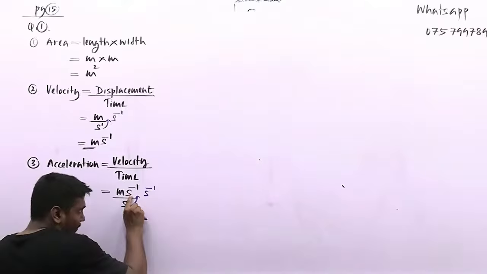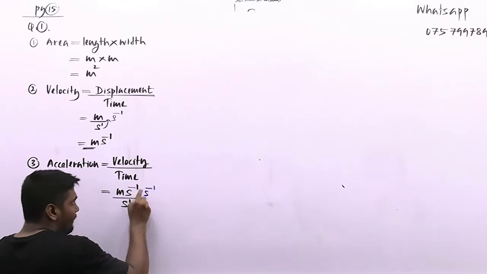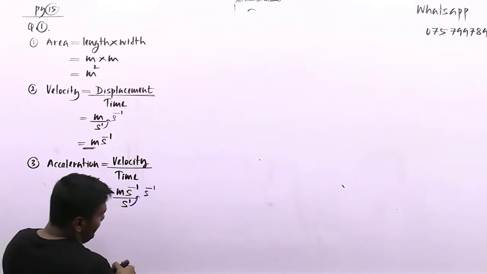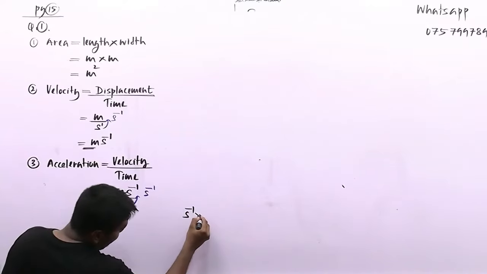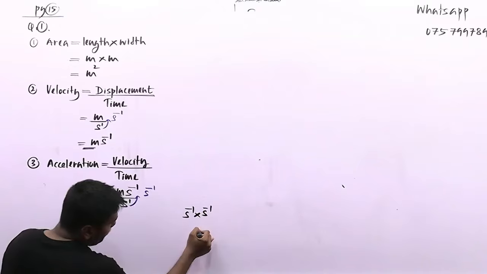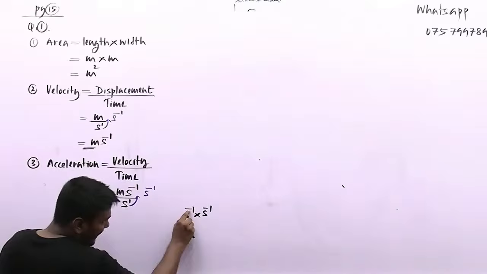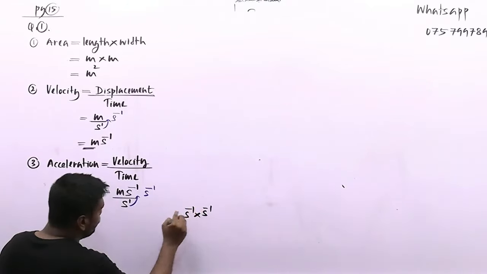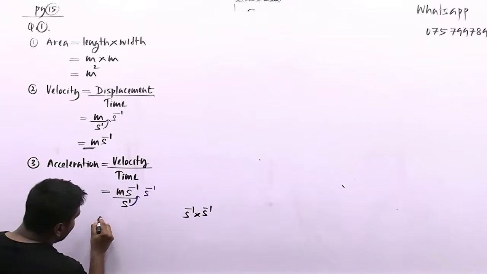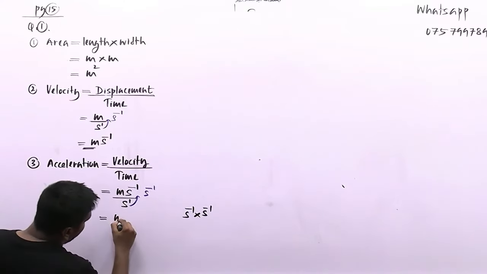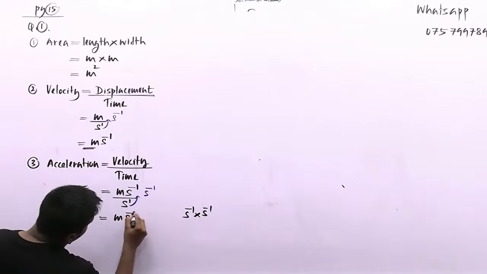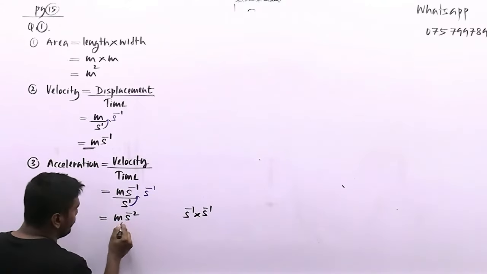So s to the power minus 1 into s to the power minus 1: we add the powers, minus 1 plus minus 1 is minus 2. Then the acceleration unit must be m s to the power minus 2.